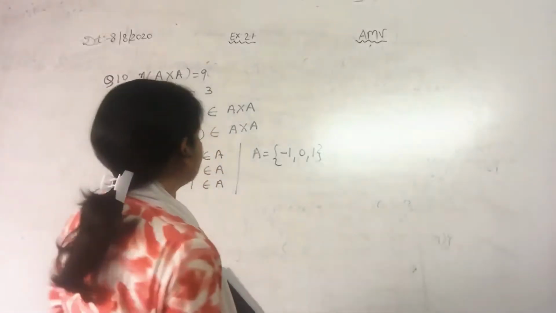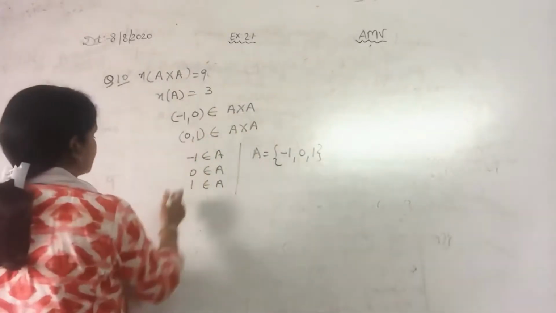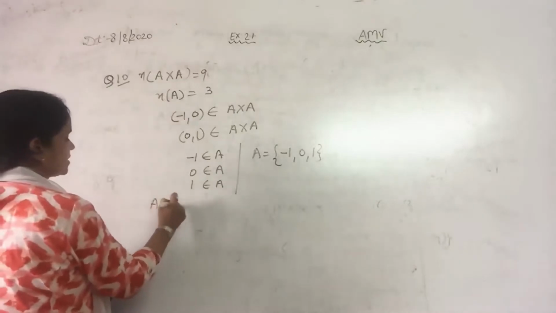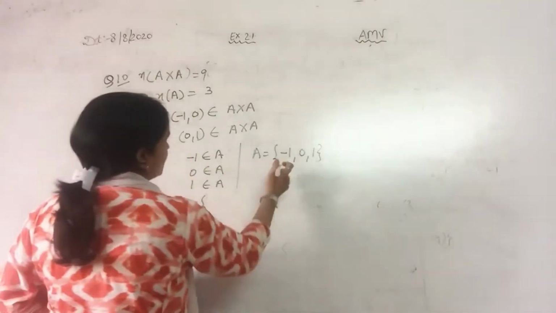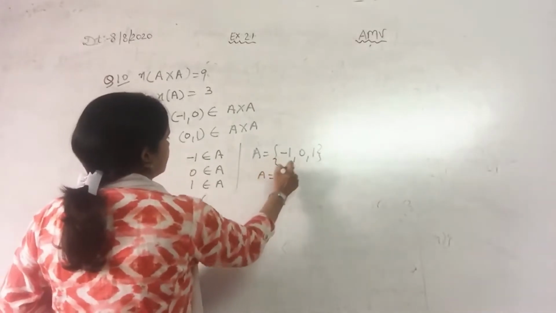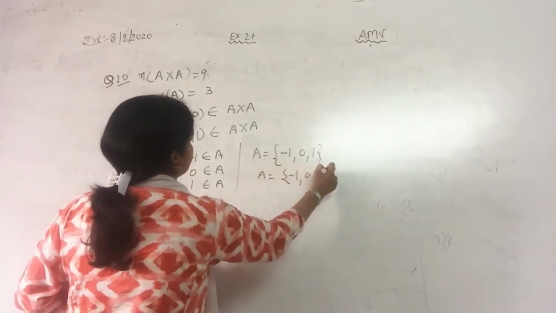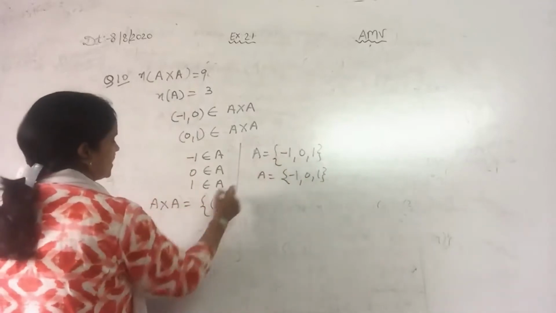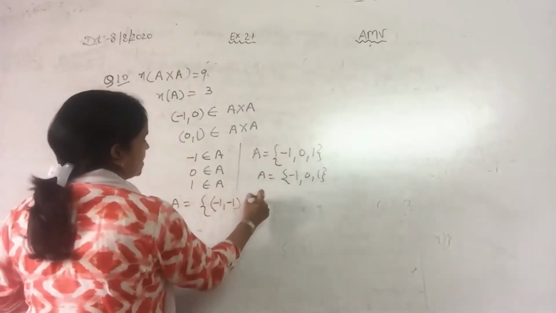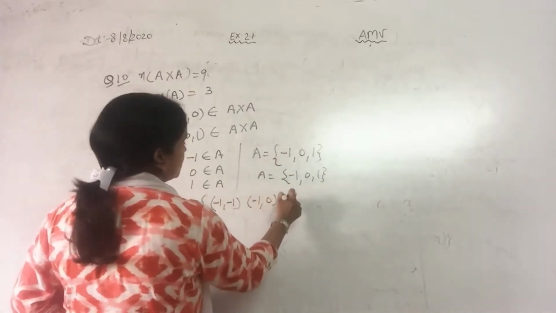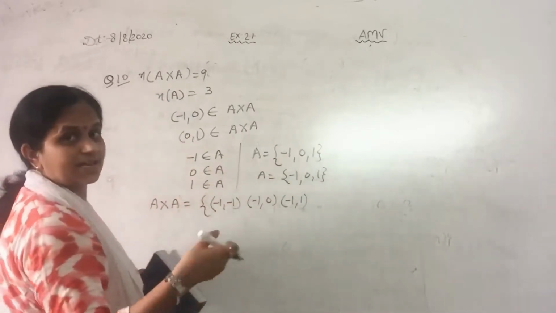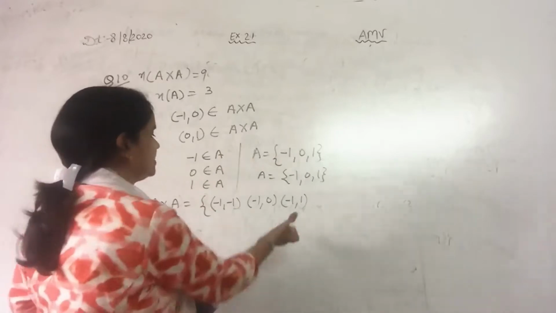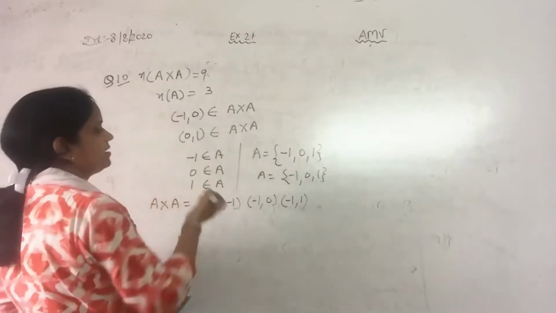Okay, and the number of elements in set A is 3. And now find the remaining elements of A×A. So start from this. You can write one more time. It would be easy. So (-1,-1), (-1,0), (-1,1). You can write all the elements first, and in the answer write only the 7 elements since 2 are given.